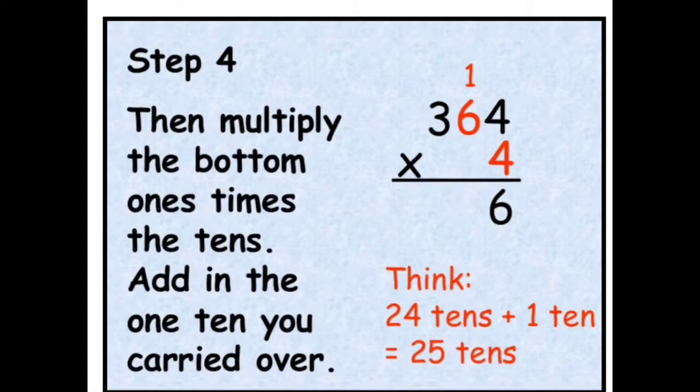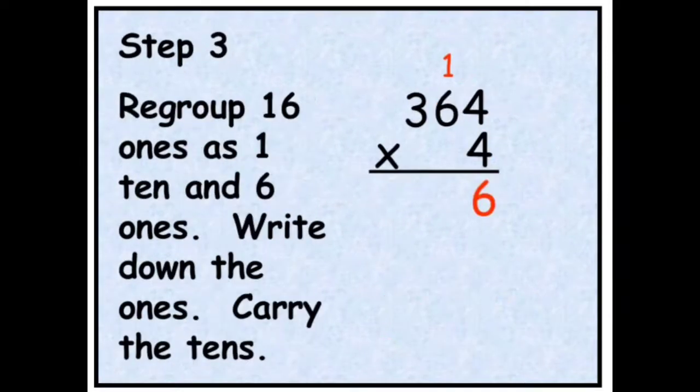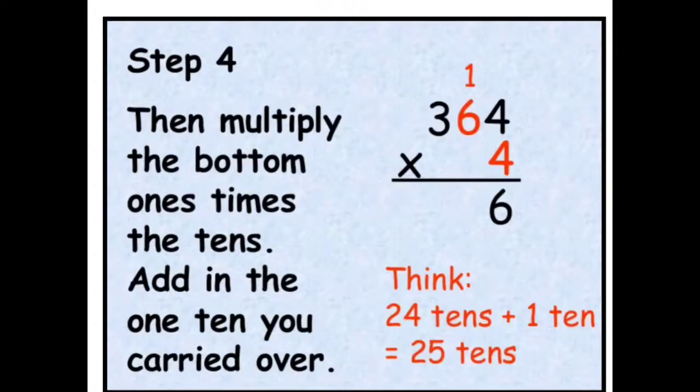Then multiply the bottom ones times the tens. Ones is done. Now whose turn? Now the turn is tens. So 4 1s are 4, 4 2s are 8, 4 3s are 12, 4 4s are 16, 4 5s are 20, 4 6s are 24, and 24 and 1, 25 tens.